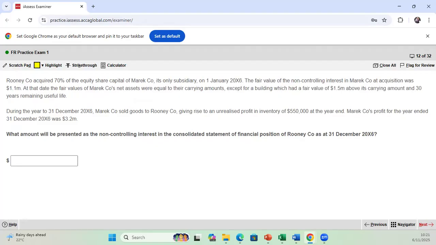During the year to 31 December 2006, Marek sold goods to Rooney, giving rise to an unrealized profit in inventory of 550. At the end of the year, Marek's profit was 3.2.